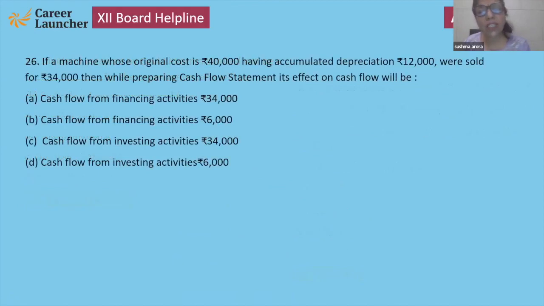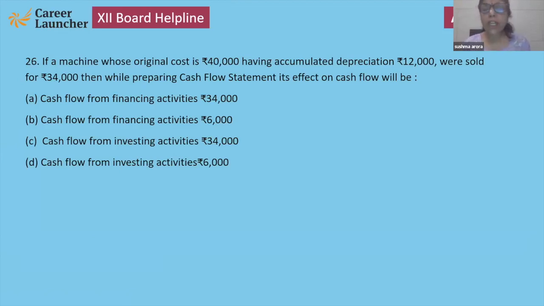Yes, children. Now again, I am going to give you a very good question. If a machine whose original cost is 40,000 and accumulated depreciation is 12,000 is sold for rupees 34,000, please give the answer fast. I am waiting for your answer.